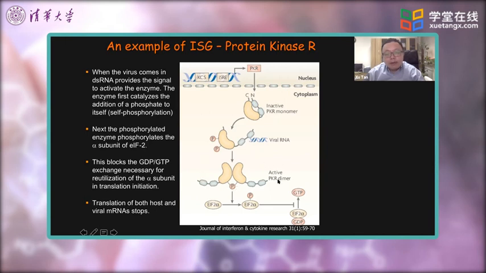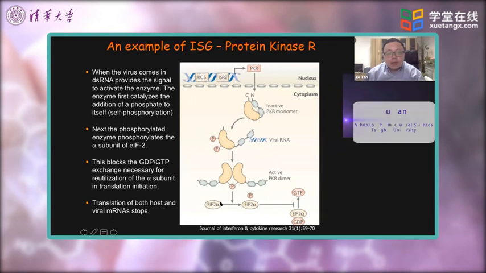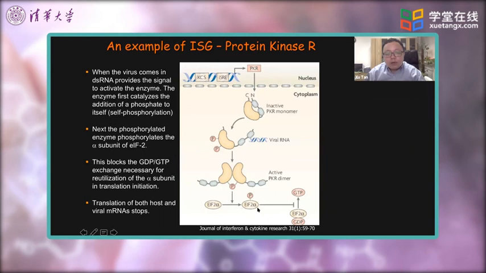Further activated PKR kinase can then phosphorylate its substrate, the protein called EIF2 alpha. And this protein is actually responsible for starting the protein translation process. Basically, PKR phosphorylates EIF2 alpha and inactivates this protein translation initiation factor.